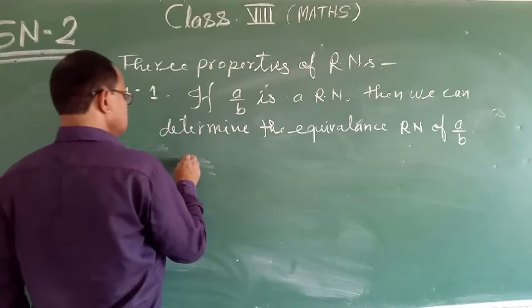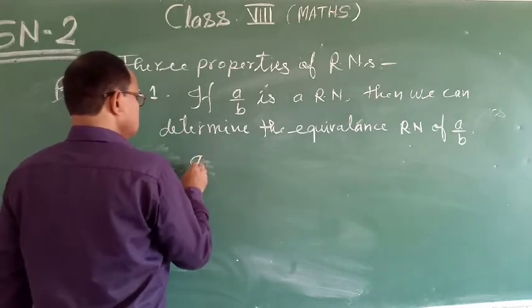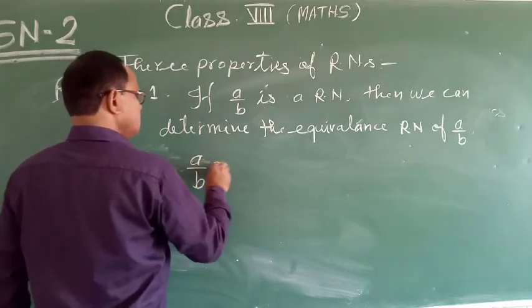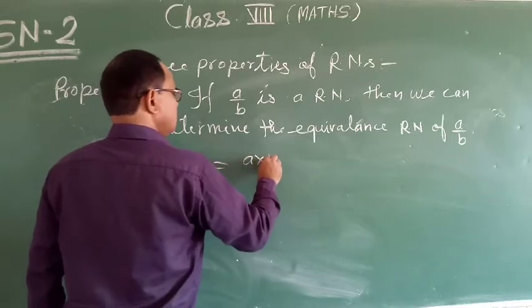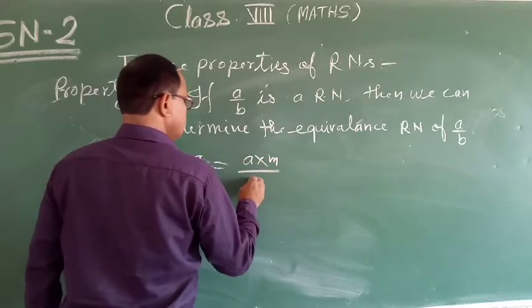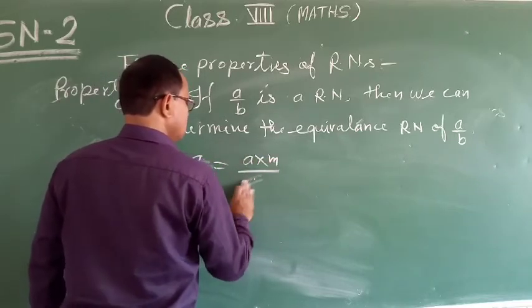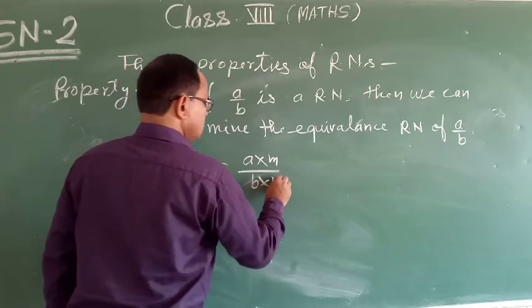a by b is equal to a into m upon b into m; we multiply numerator and denominator by the same number m.